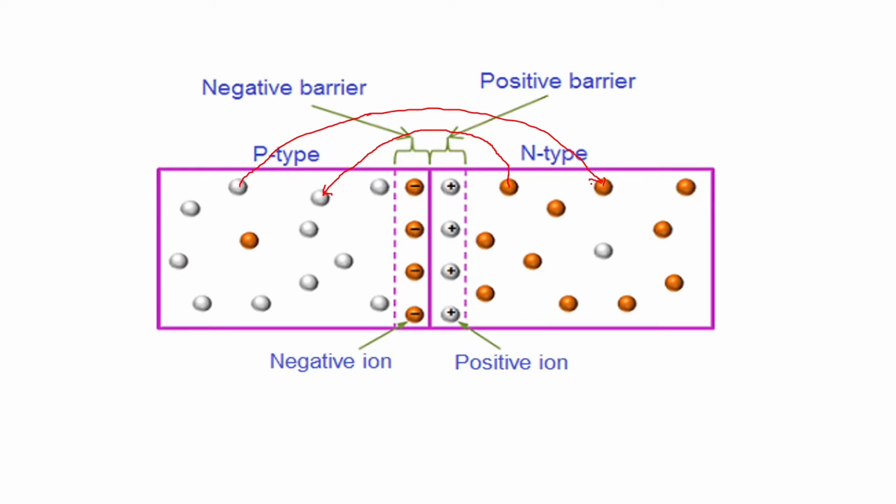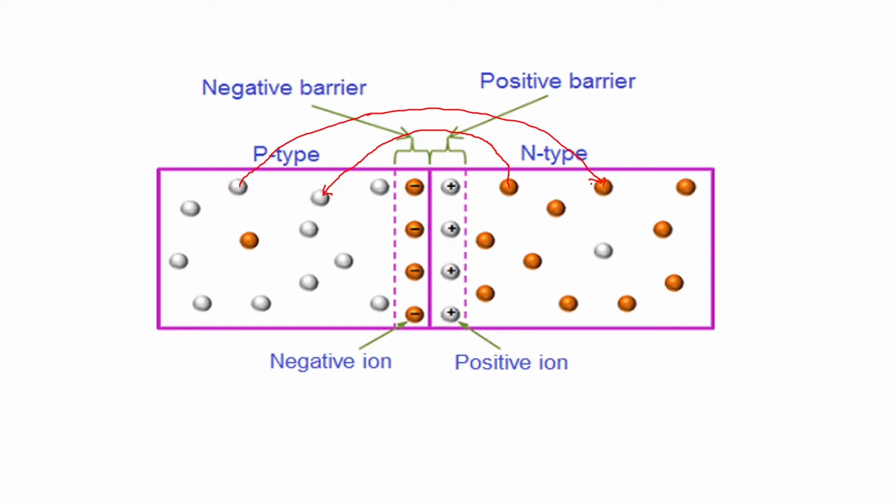Now this crossover goes on. The majority charge carrier electrons in n-type start crossing from the junction towards the p-type, and the majority charge carriers, which are holes in p-type, start crossing towards n-type because of their different attractive charges.